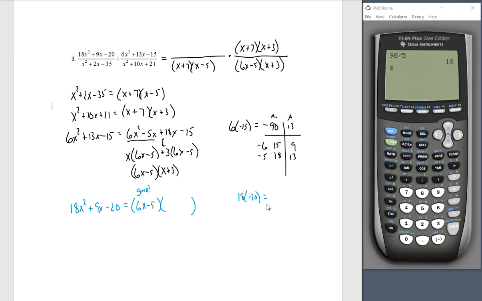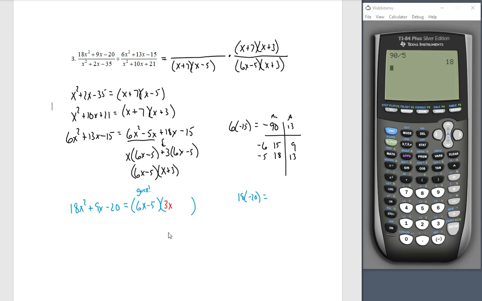And if you want to just stop listening right now, just hit mute until I write the answer up in here while you factor it correctly. That's cool. But I'm going to show you my guess and check method as well. I'm going to guess that it's 6x minus 5 because there's one in the denominator, 18, 6x. It just seems reasonable. So what do I multiply 6x by to get 18x squared?